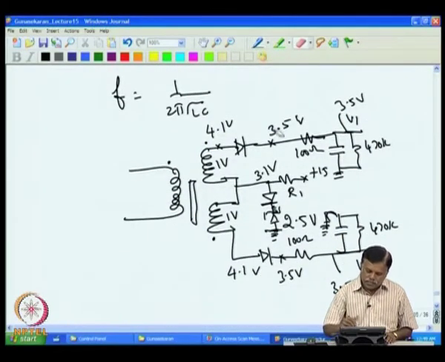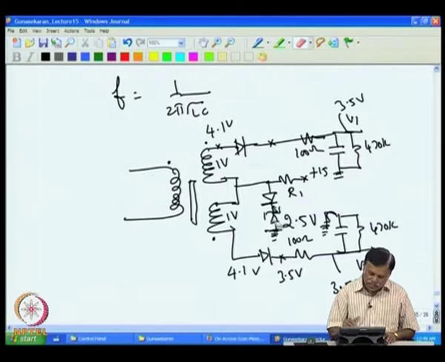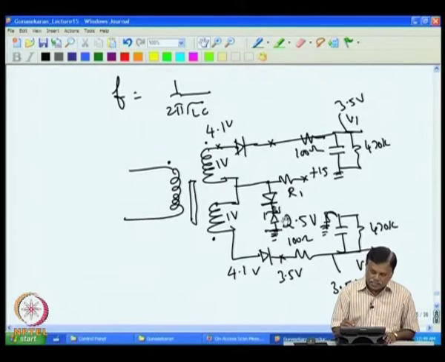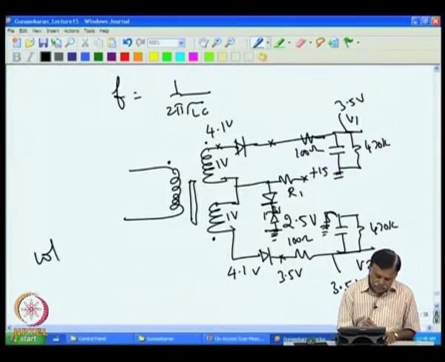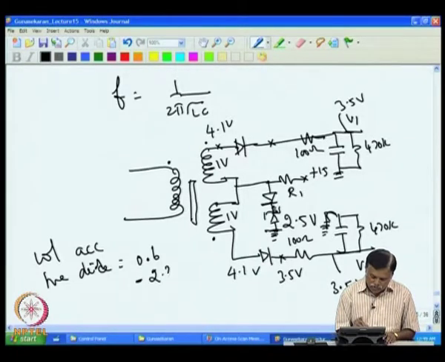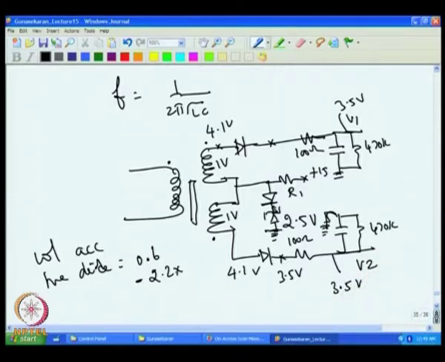Now, you will see that this is 2.5, that remains constant, but the voltage across this, which we assumed as 0.6, is not true at 80 degree, that is at 25 degree C. At 80 degree, what will be the voltage across the diode? So, the voltage across the diode would be 0.6 minus 2.2 millivolt into the temperature difference. The temperature difference is 55 degree.